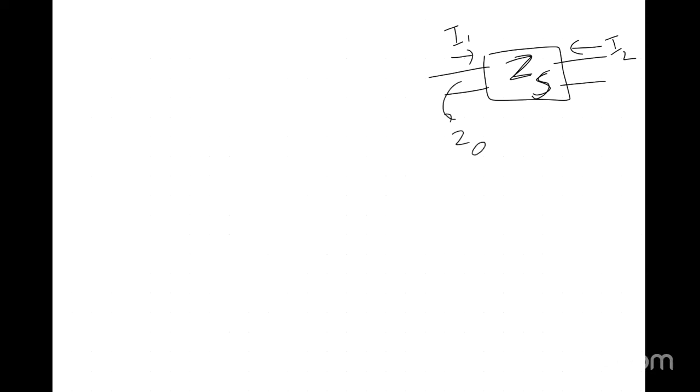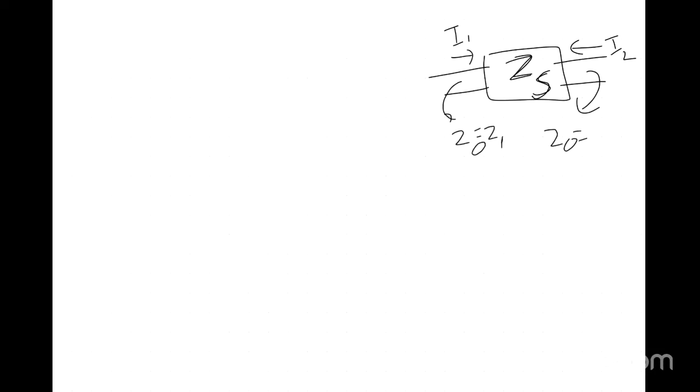On the two sides, the current flowing on this side I treat as I1, and the current flowing on the other side I treat as I2. Across the two sides, I am taking the output impedance Z0. This side, the impedance I get is called Z1, and on this side I get Z2.